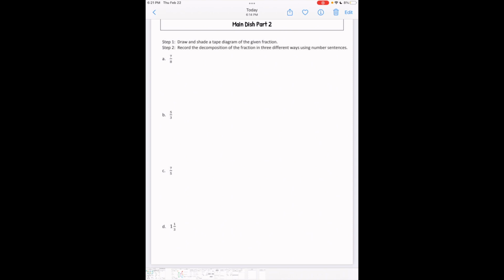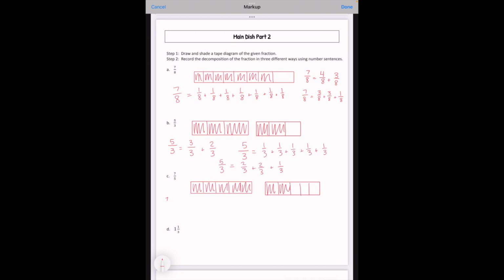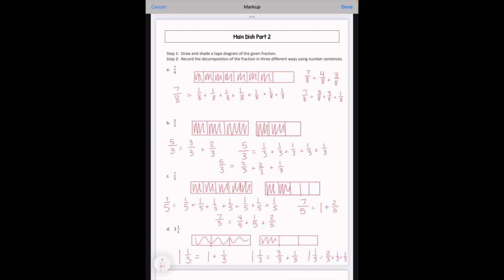We might have different answers due to being able to decompose these fractions more than just 3 ways. All right, hopefully you're able to check my work with yours and then get moving with the dessert today.